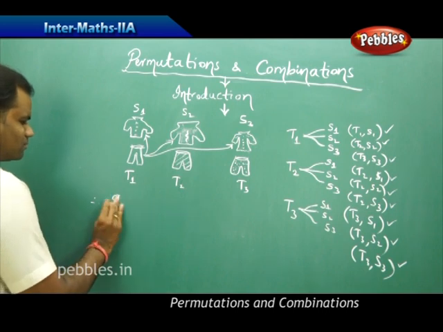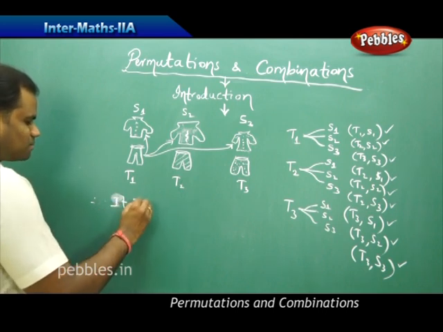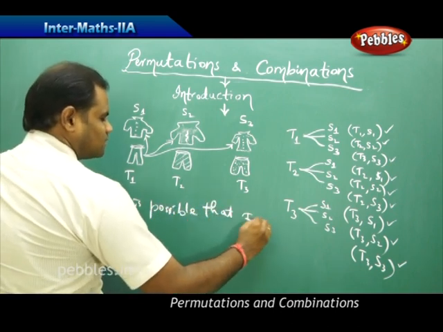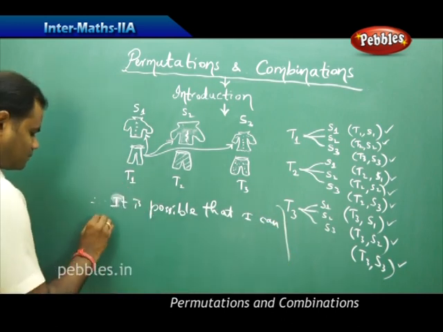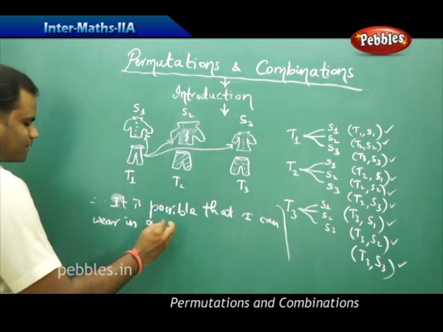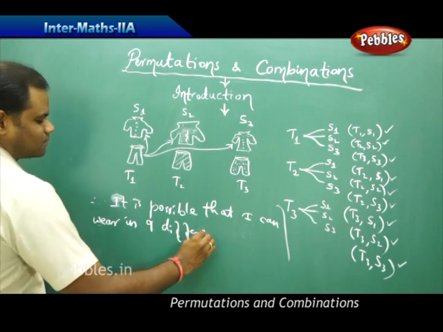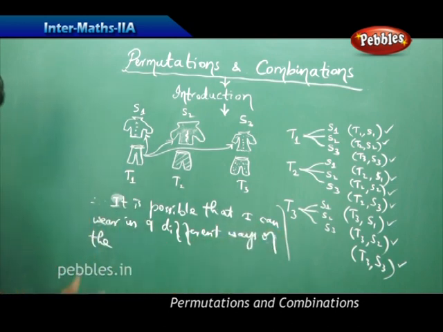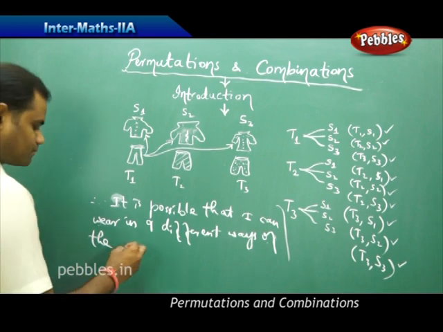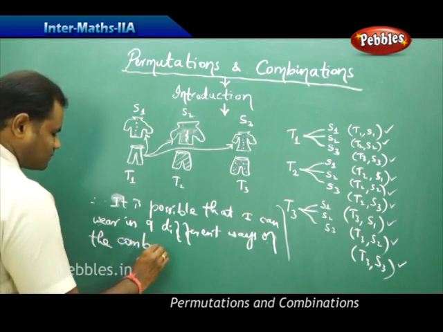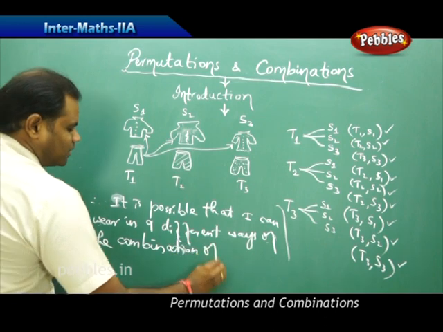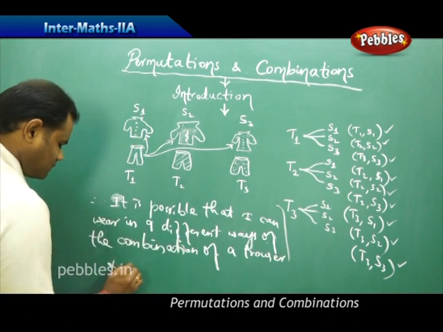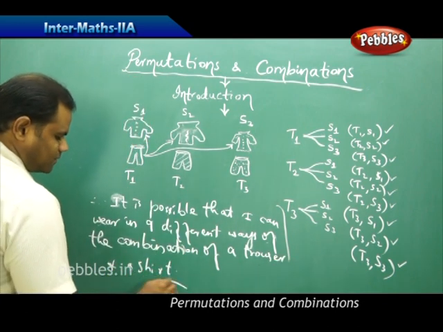Therefore, it is possible that I can wear in 9 different ways the combination of a trouser and a shirt.